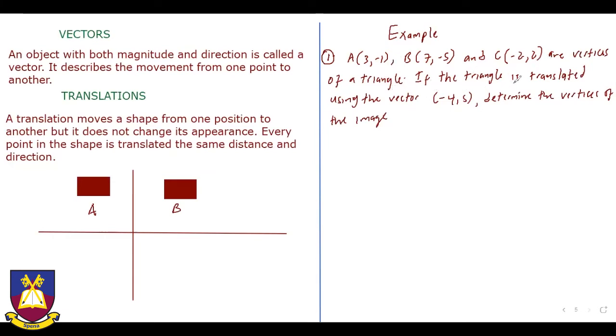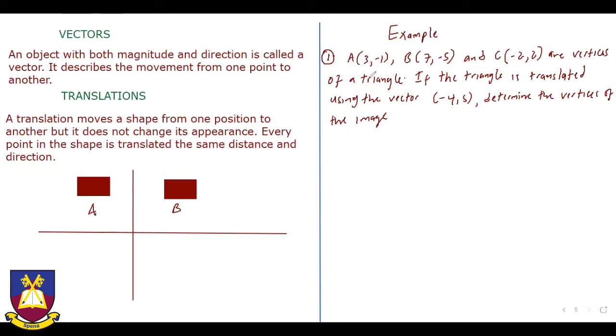Then if the triangle is translated using the vector -4, 5, determine the vertices of the image. So we're translating this triangle from one position to another using this vector. This vector here is called a translation vector. And I want to determine the coordinates of the vertices.